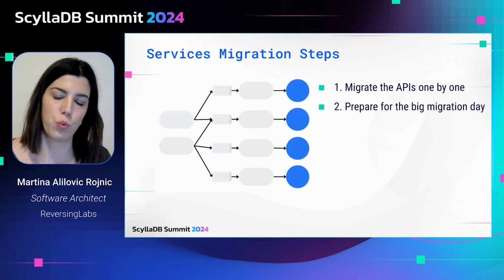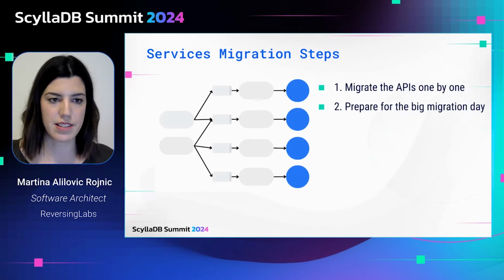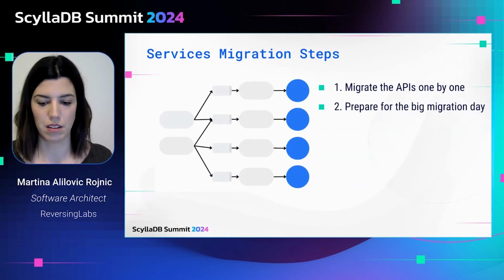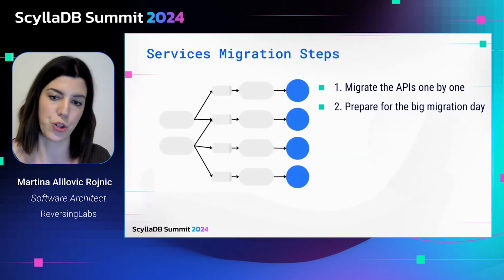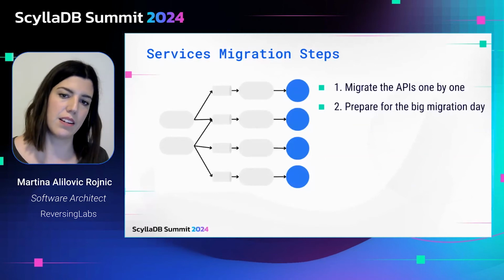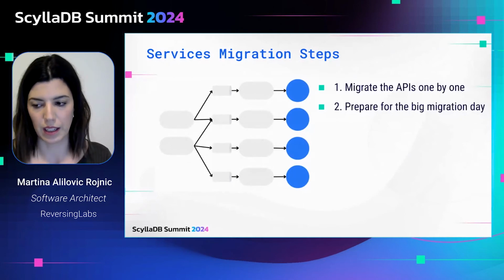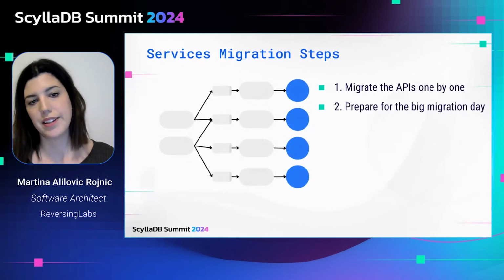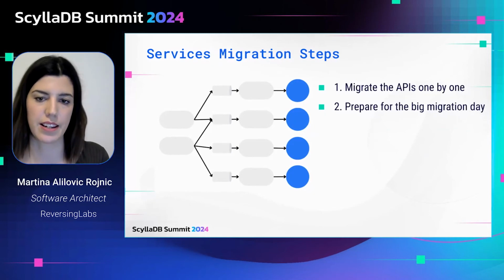And when we established that everything was stable, we started switching traffic to the new version of the API, and after all the workers were migrated to Scylla, we would continue with the next API, and then the next and the next.